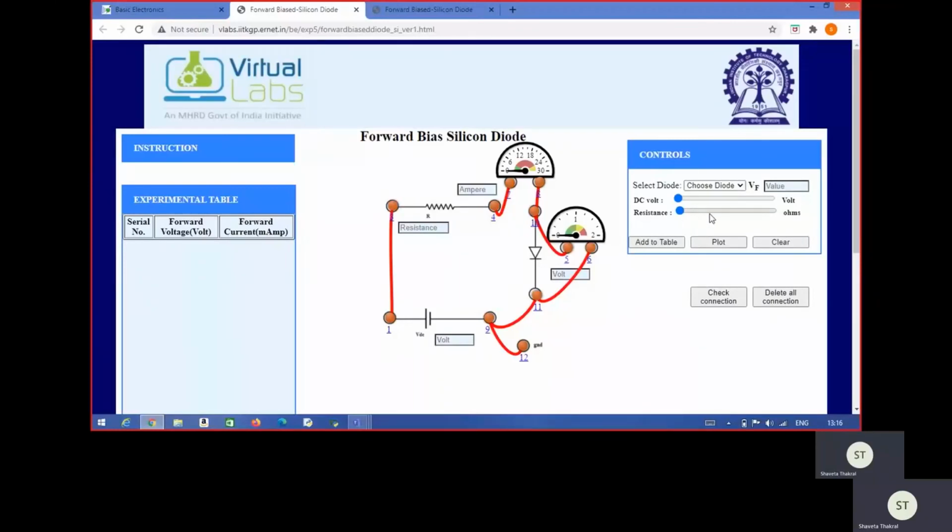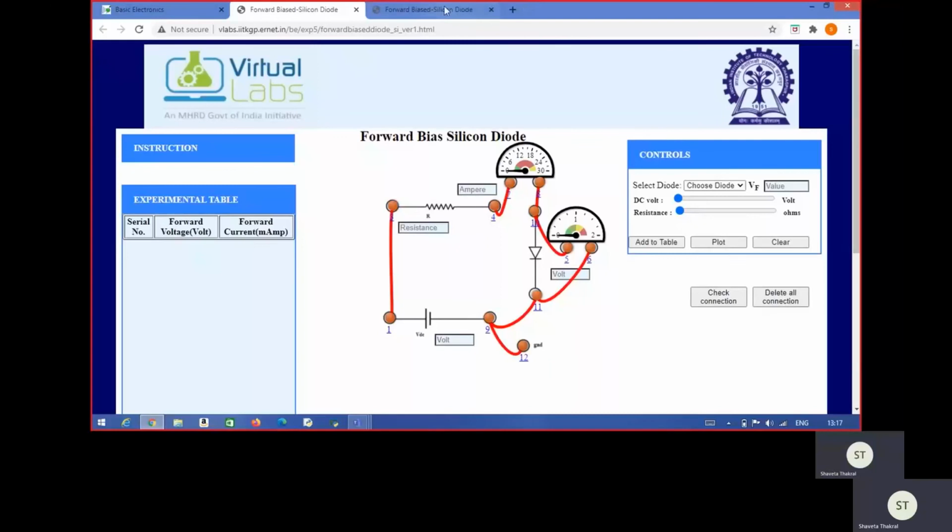So after all the initial settings, we keep on varying the value of this DC voltage here, and based on the change in the applied DC voltage, we keep on noting down the value of this forward voltage that is measured via this voltmeter and the current flowing through the diode via this milliammeter, and we will put all the readings in this experimental table, and based on all the readings we will plot the VI characteristics of the forward biased PN junction diode.